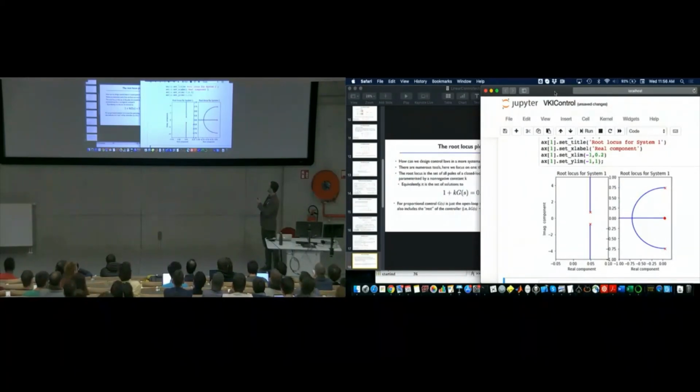Conversely, sorry, this should be system 2, not system 1, but I can change that. We see here that as our controller gain changes, our poles, which originally were at these red crosses, move towards the left half plane. Again, consistent with what we had found empirically.